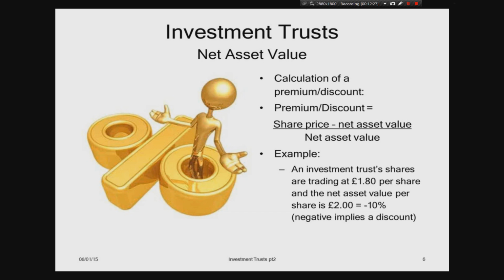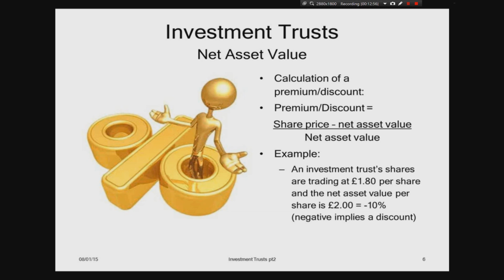Those payments should come to me as a shareholder. Now, I know the net asset value, I know that figure. Now I can work out, are they trading at a premium or are they trading at a discount to the net asset value? And I can use this as a way of saying, do I now purchase these particular types of shares? So the premium or discount can be calculated using the following formula.